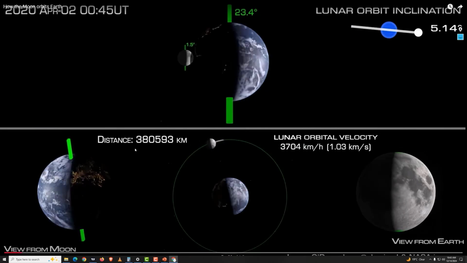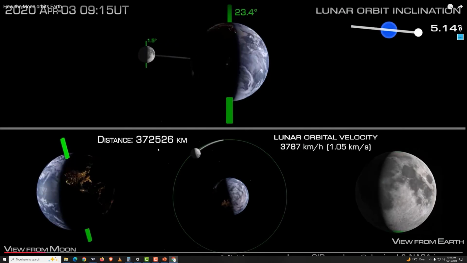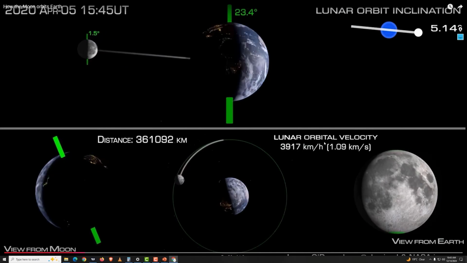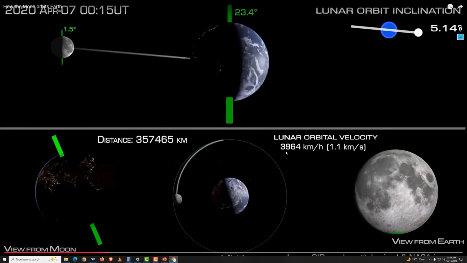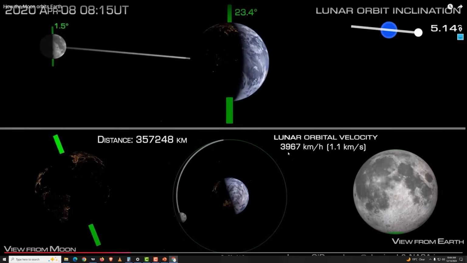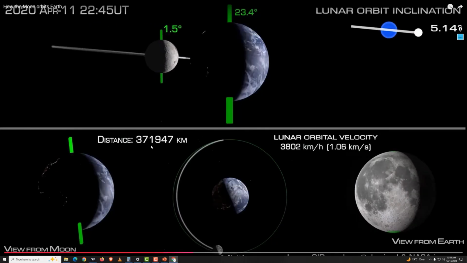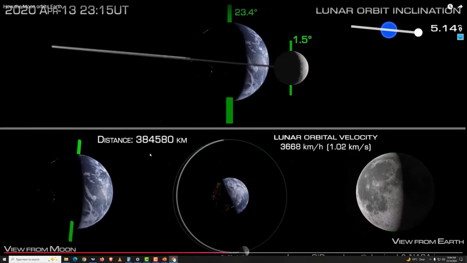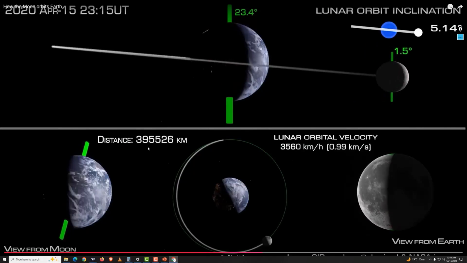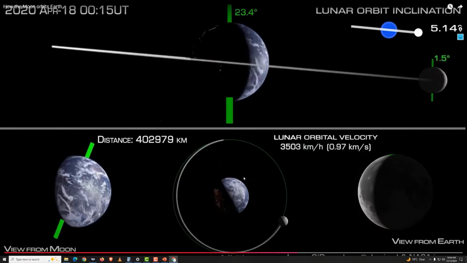Let's see. Okay. The distance is decreasing and the velocity is increasing. And when the distance is increasing, the velocity is decreasing, right?